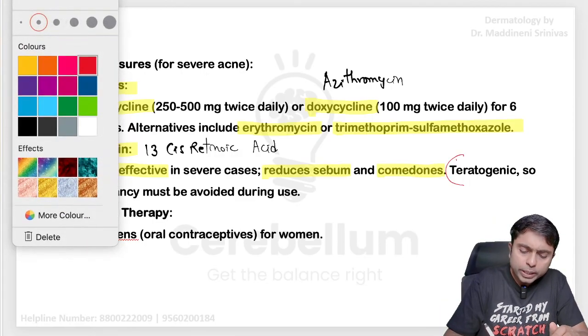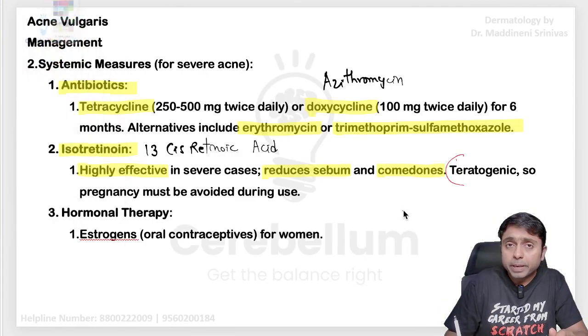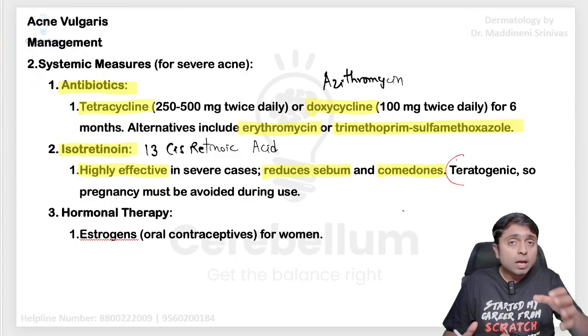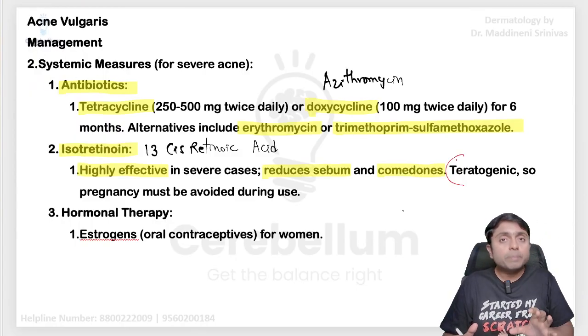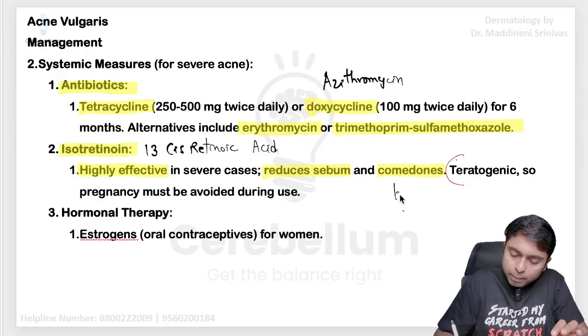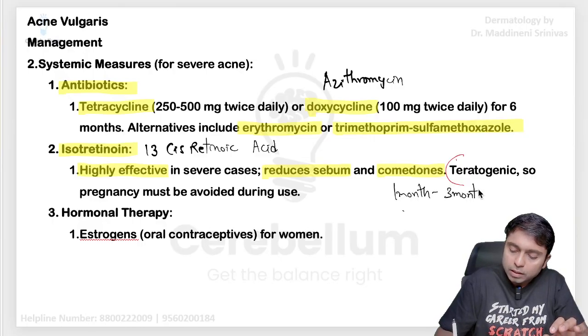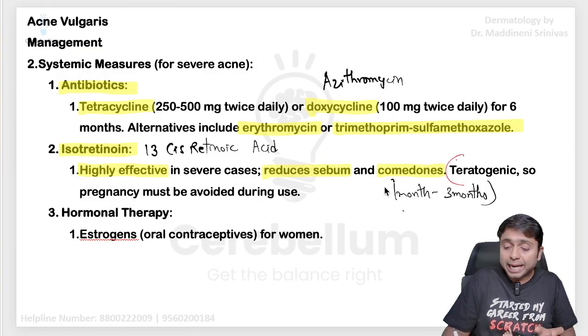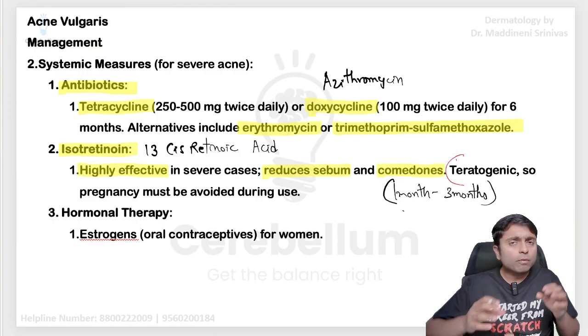And what is the duration of the drug-free period? We have to advise the patients after the stoppage of this medication is at least a period of 1 month to 3 months. Because isotretinoin can stay in the blood for a period of 1 month to 3 months.